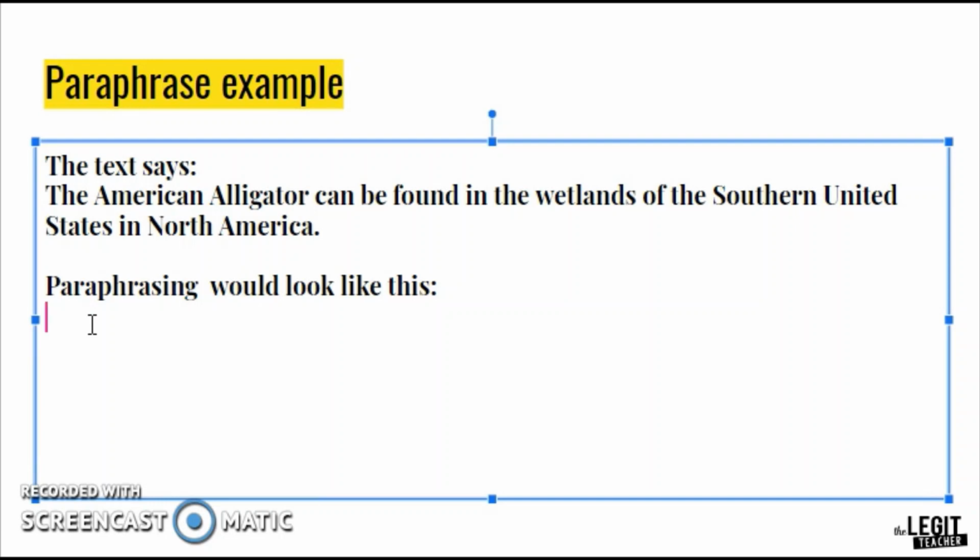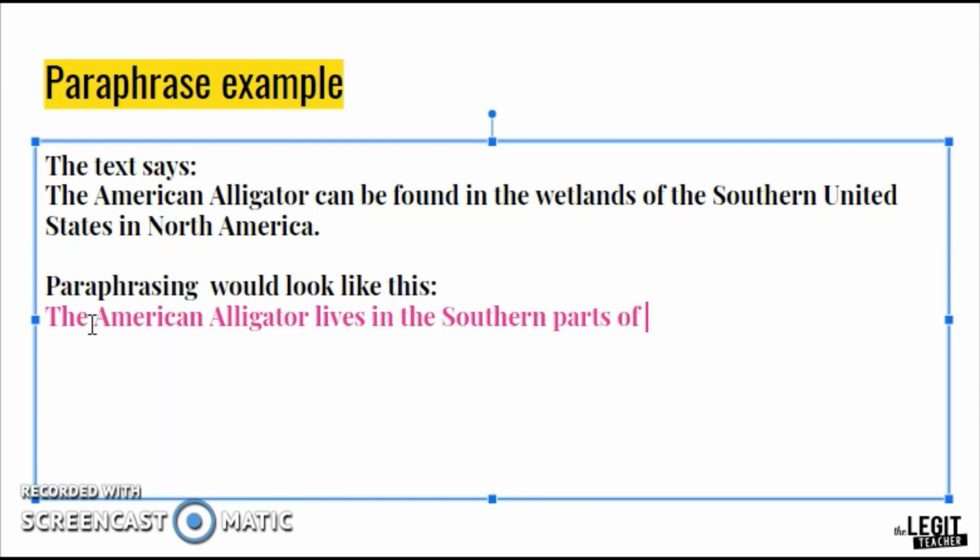So I might say something like, "The American alligator lives in the southern parts of the United States." Okay, you notice that I did not use quotation marks. However, I do have to say where I got this information. So this paraphrase isn't complete yet.